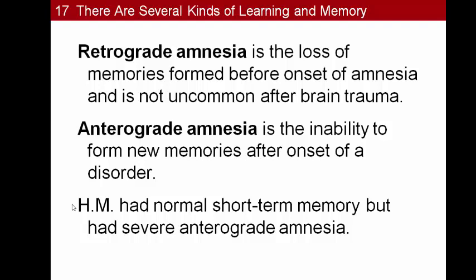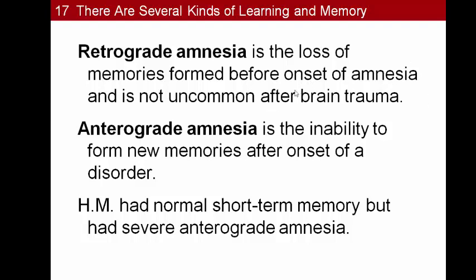Well, in order to understand what happened with HM, we have to clarify a couple of terms. Amnesia is a general term for a major memory impairment. A couple of types that are mentioned here: retrograde amnesia. Retro is Latin for backwards. So we're talking about the loss of memories before whatever the event was.